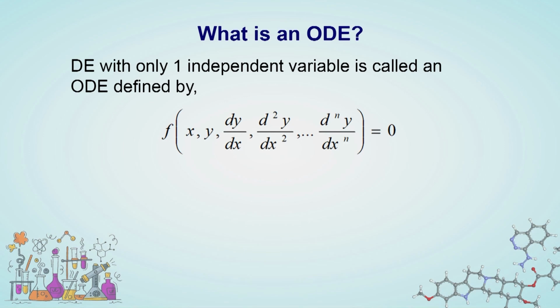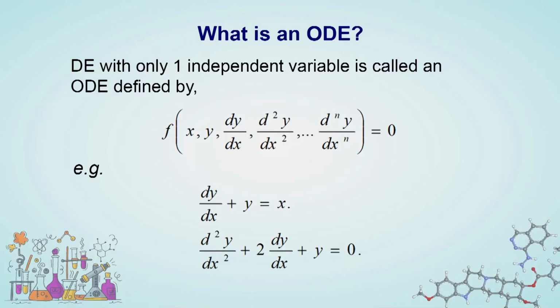We can simply see here f(x, y, dy by dx, d2y by dx square) equal to 0. This is an equation involving only one independent variable x. This equation is called an ODE.